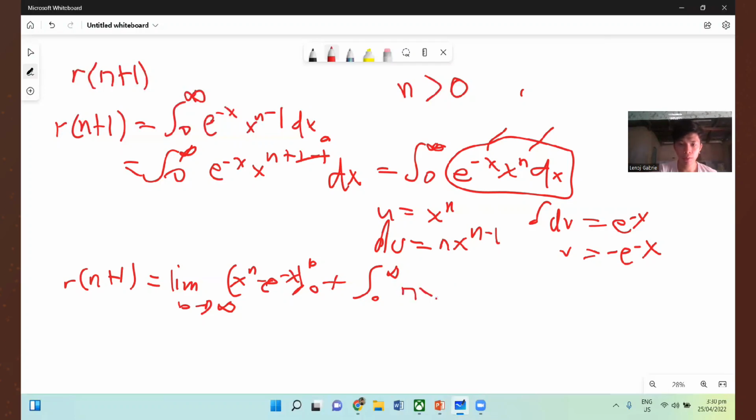So n x raised to n minus 1, then e raised to negative x dx.